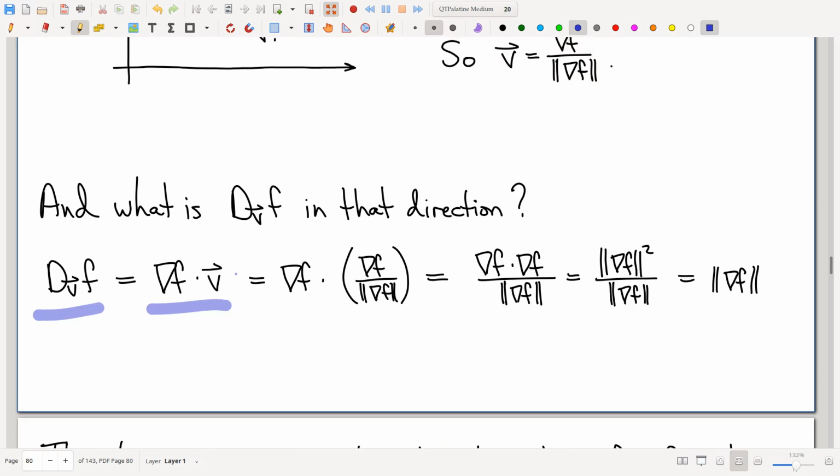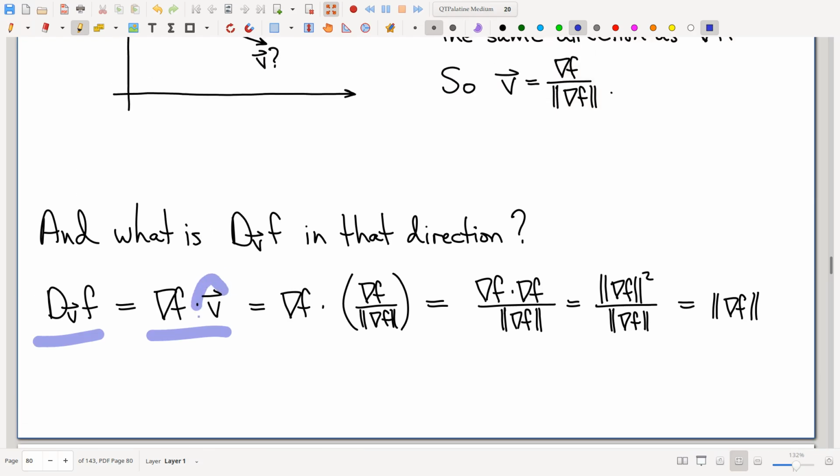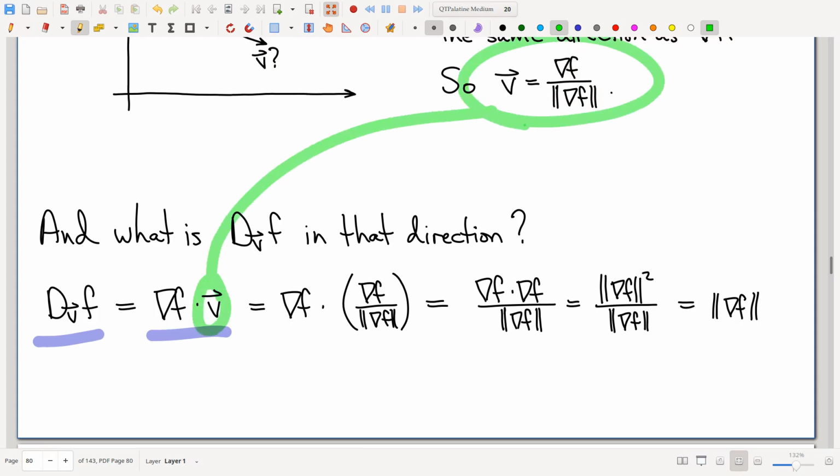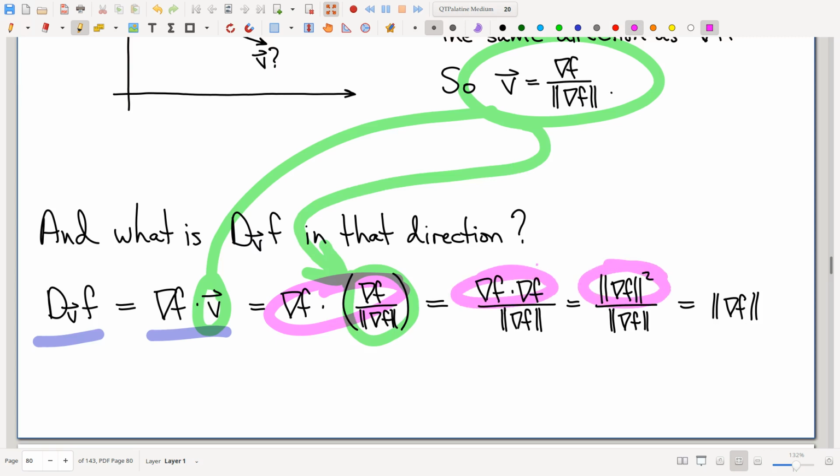We just got through computing that the optimal unit vector is that. And this is pretty easy to crank out because I have a dot product of a vector with itself. That's magnitude squared. And so altogether, I have magnitude squared divided by magnitude, which gives me, well, magnitude.